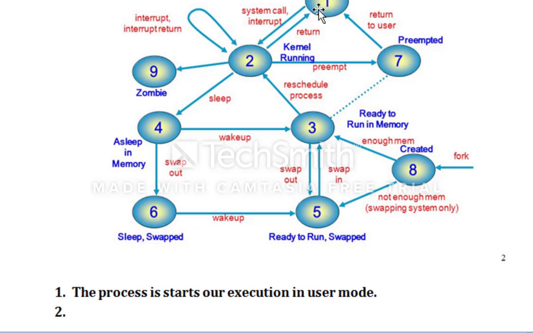That's why the system call interrupted here, because the user wants to execute built-in library functions, so it requires the kernel to execute that. So the process switched from state 1 to state 2, the kernel running state. I hope that is clear. The process came to the kernel area because it wants to execute the system calls.